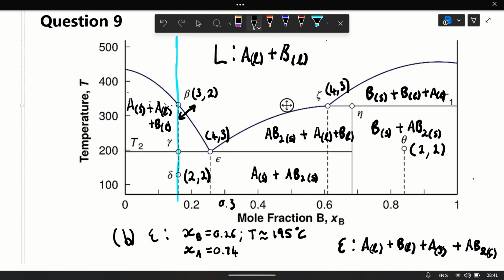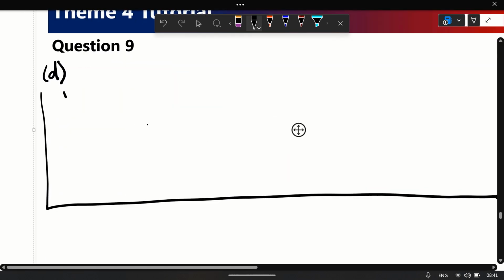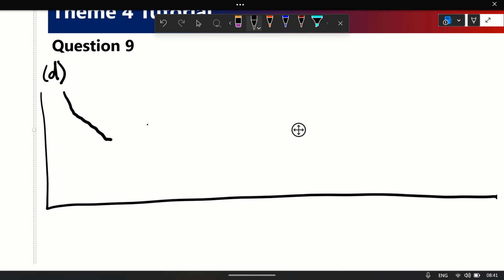And then at the eutectic, we see the remaining liquid turning completely to solid. So we should see a leveling off of the curve and then slowly cooling down again. So in other words, we should see something like that, then a rate change to some point at the eutectic, and then some cooling off.